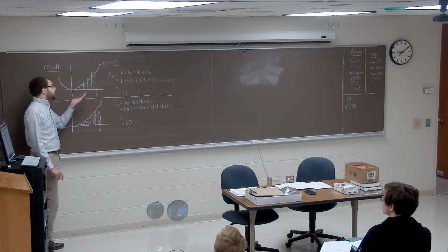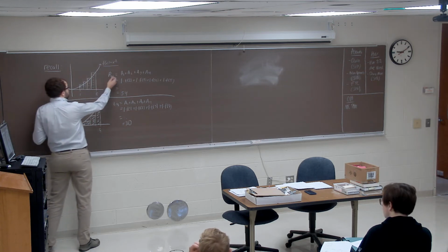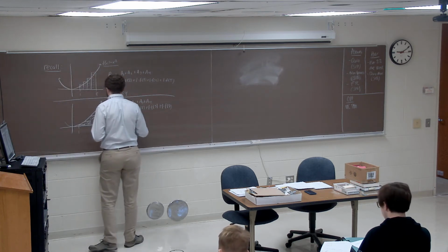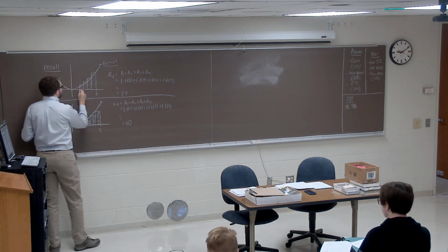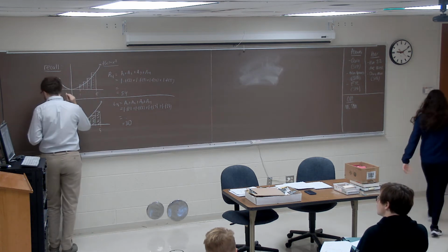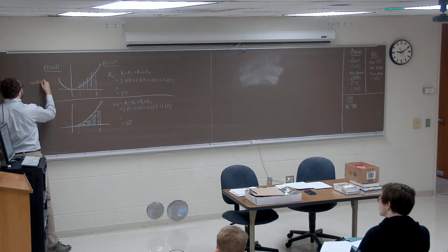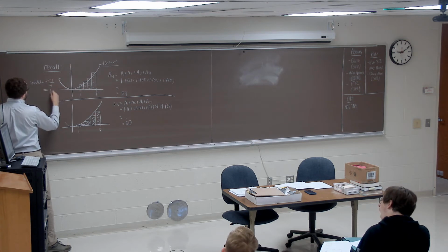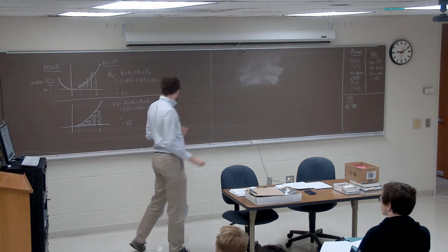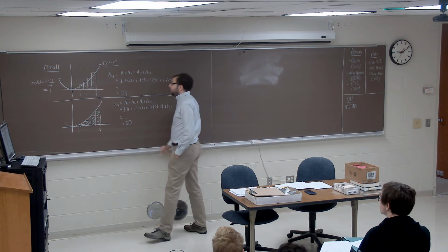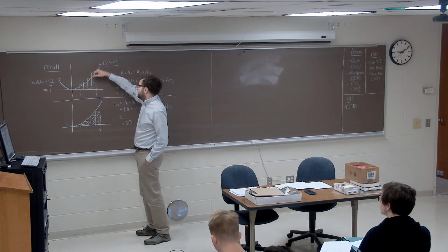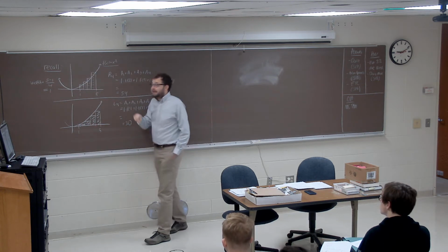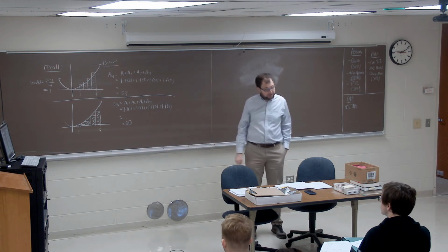Where the idea with the right endpoint approximation is if you want to use, say, R4, an approximation that uses 4 different rectangles, we split the region up from 1 to 5 into 4 equally sized pieces, so that the width of each rectangle is going to be the length of the region, 5 minus 1, divided by the number of rectangles, so 1 for instance. The height of each rectangle, well, if we're doing R4, we set the height of the rectangle to be equal to the y value of the function at the right endpoint of each rectangle.